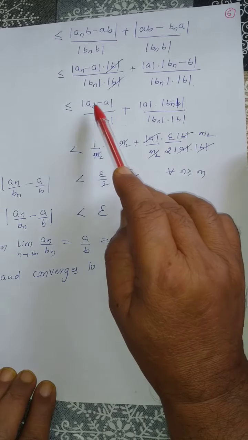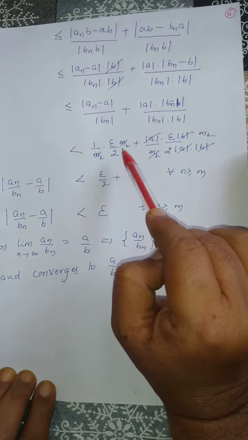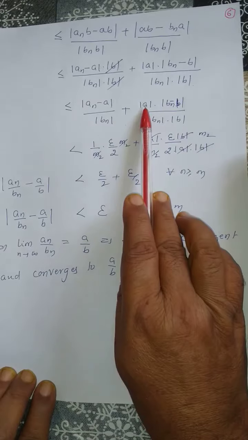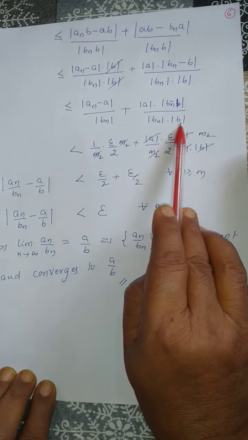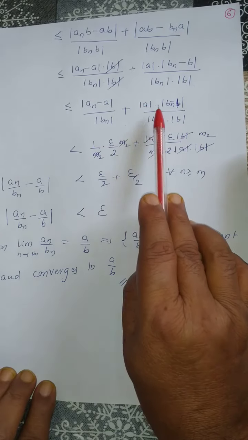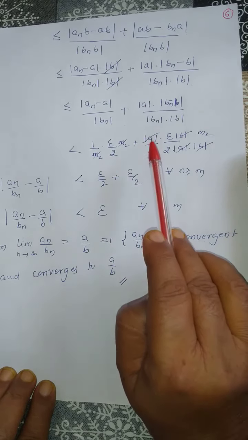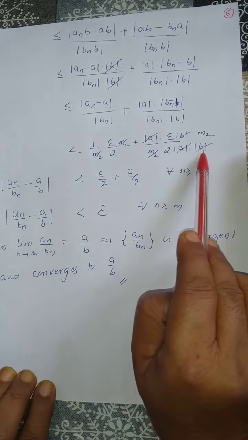To cancel this, |a_n minus A| is less than epsilon m2 by 2. Whereas for b_n minus B, here modulus of A divided by modulus of b_n, and modulus of B is there, so b_n is m2. So modulus of A divided by m2 into B, these terms get cancelled.